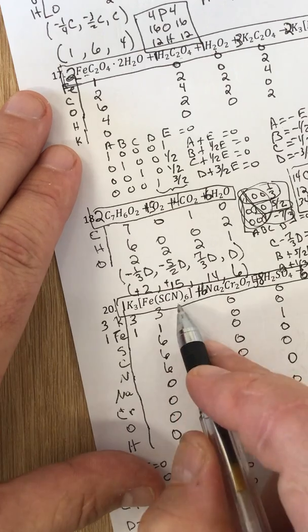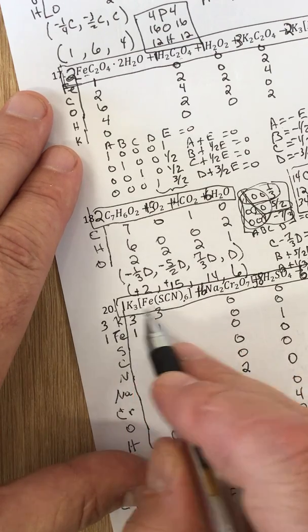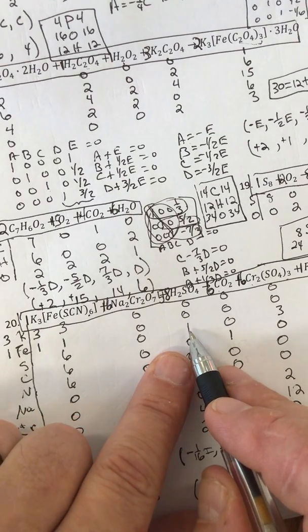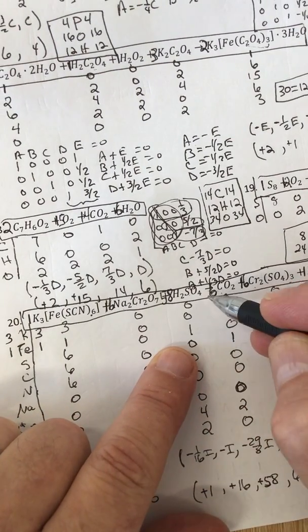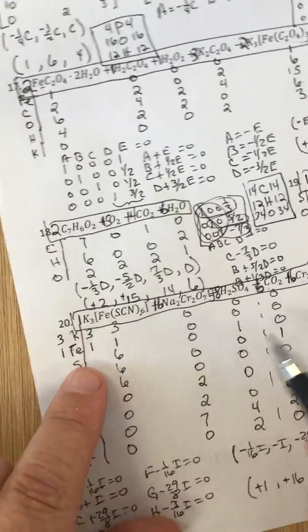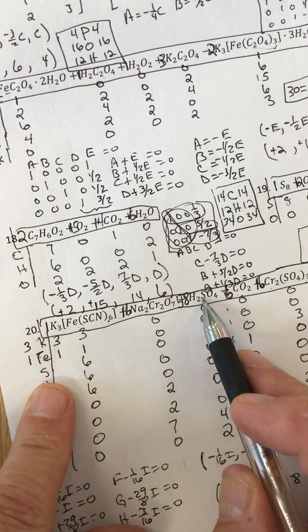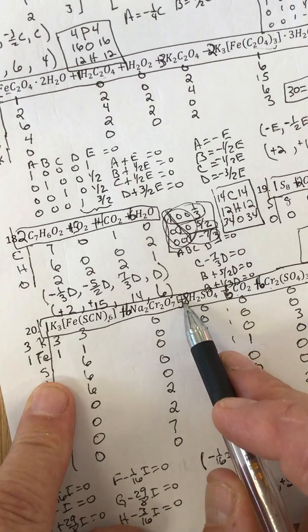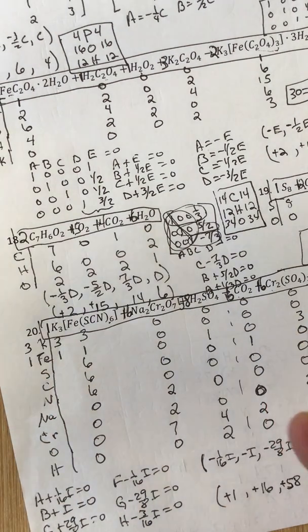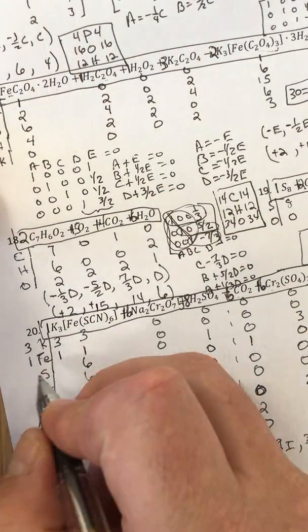Sulfurs, okay. There's 6 of them here one time, so there's 6. Let's see, where's the balance equation? Right there. So there's 6 sulfurs. And here's 1 more 58 times. So 58 and 6 is what, 64?